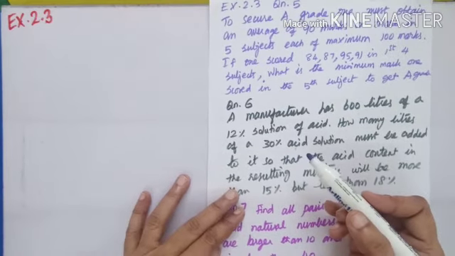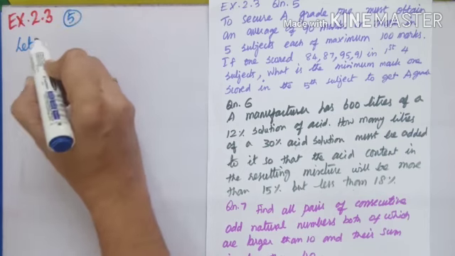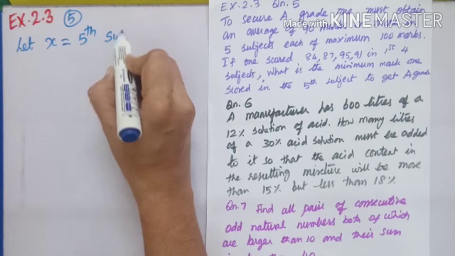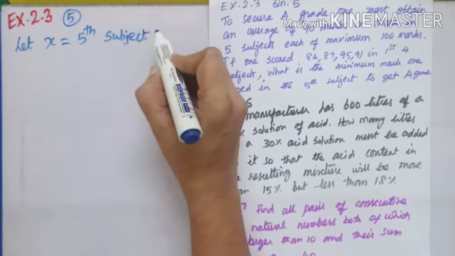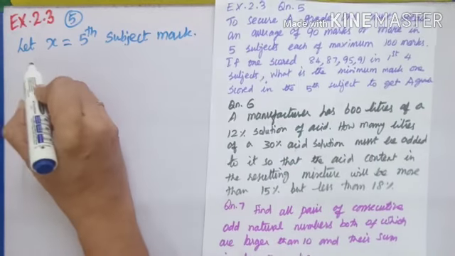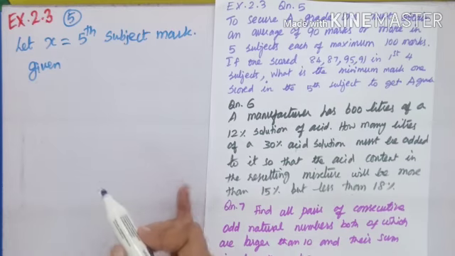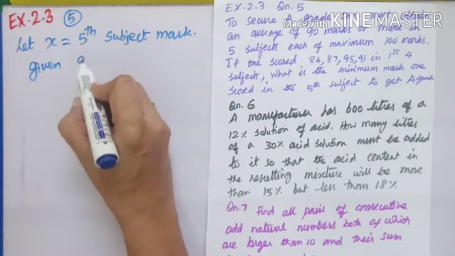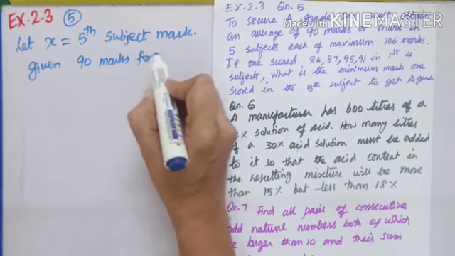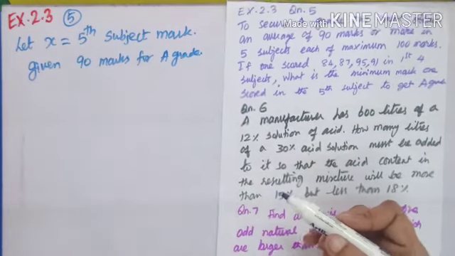So my first step, let me assume. This is question number 5. Let x be the mark in the 5th subject. Given, minimum 90 marks for A grade, and it is a minimum of that.